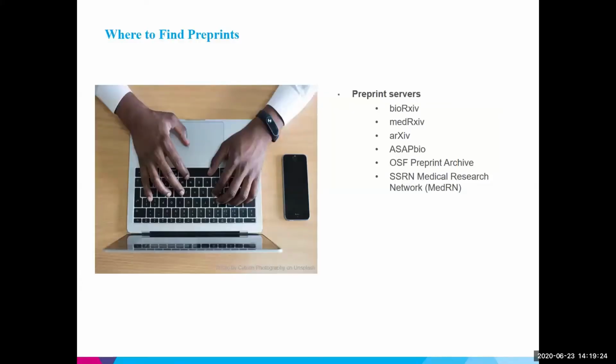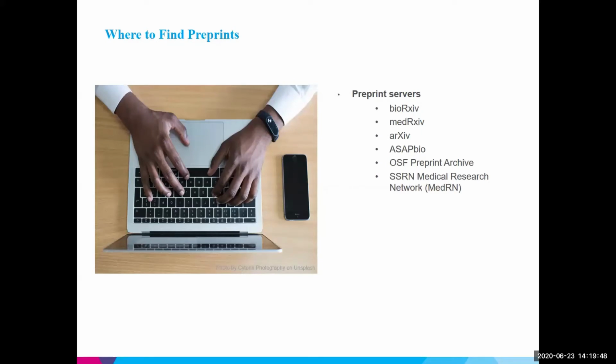The first category is, of course, preprint servers. I've already mentioned the top three here: bioRxiv, medRxiv, and arXiv. ASAP Bio is an organization that actually runs Transpose, the database we were just looking at, but they also have a preprint server. The Open Science Foundation has a preprint archive.